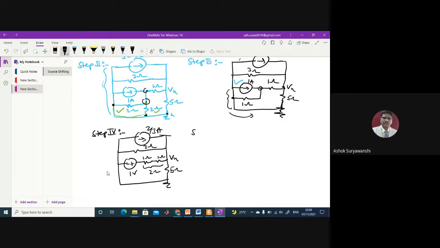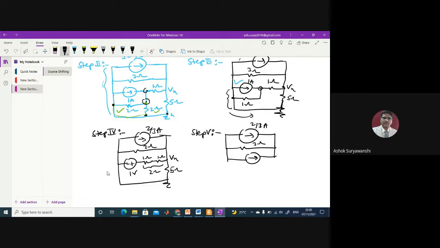So in step 5, let us keep this current source as it is, then a resistance of 3 ohm, and now transform this voltage source into a current source. So when you transform this voltage source into a current source, you can see the polarity of the voltage is minus plus, so the current will be in this direction. And what will be the value of the current source?